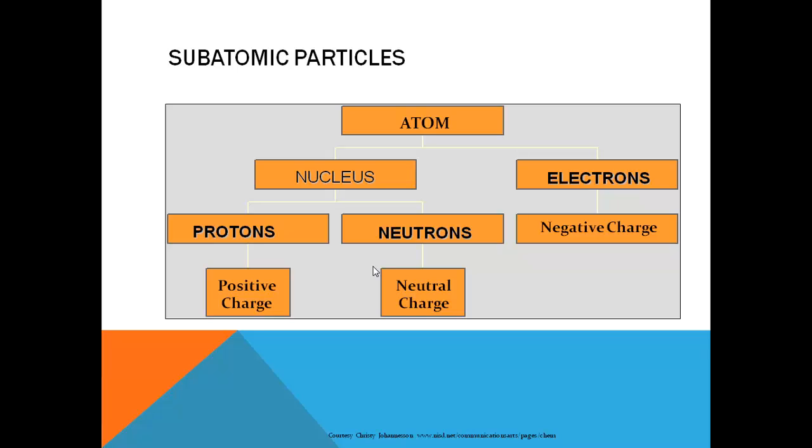One thing to keep in mind when you look at an atom is that we have this little tiny, very small, very dense nucleus, and the electrons are found out here orbiting around the nucleus in electron clouds.